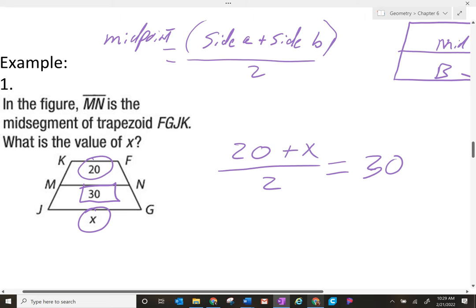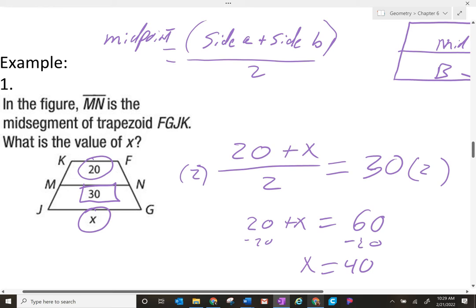So I've got this line plus this line divided by 2 is going to equal that. I'm just going straight through and it turns into algebra again. So if this is dividing by 2, the opposite is to multiply by 2. So I get 20 plus x equals 60, because I multiply both sides by 2. And then minus 20 to both sides, x equals 40.